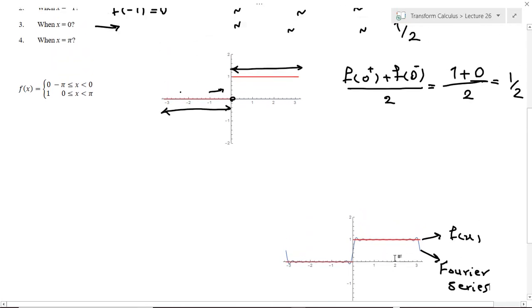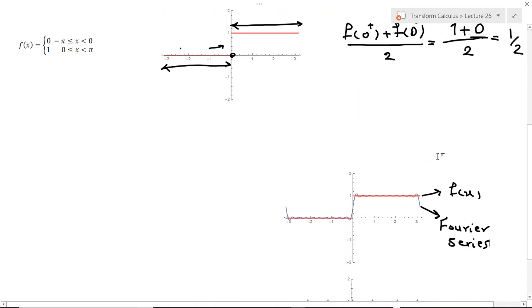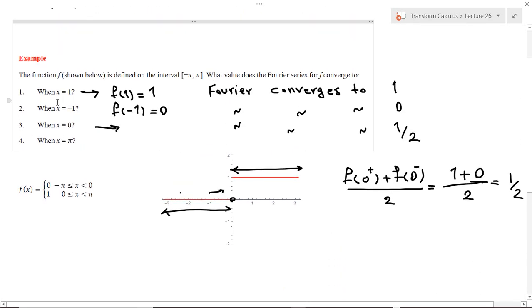We already said this here. When x is equal to -1, you can see the Fourier series, the blue one, converges to 0. So it makes sense.